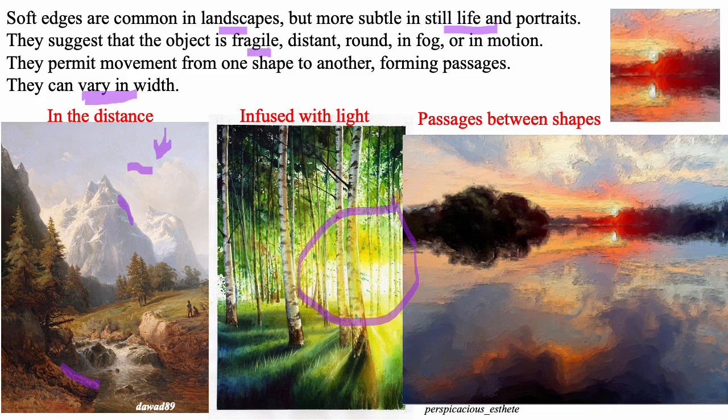Now, if this edge were interrupted or softened so much that we get a passage, what that means is that this area and this area are connected together by an area that has similar value and color.